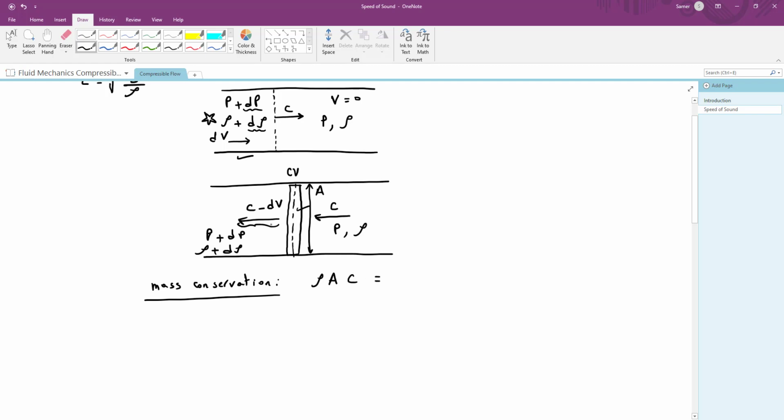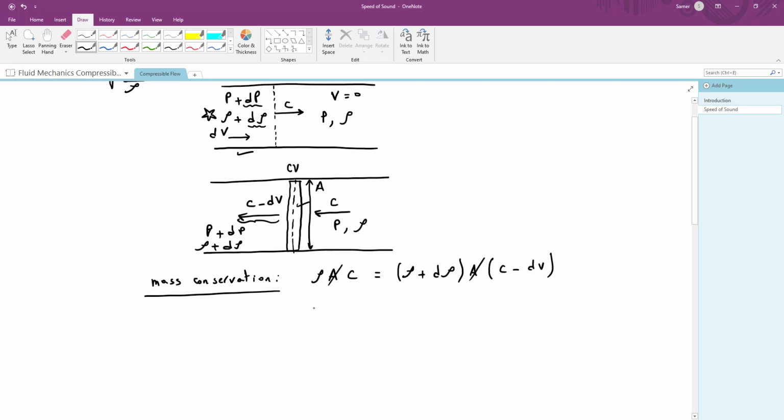This is equal to the mass flow rate flowing out, which is the new density, rho plus d rho, times the frontal area A, times the exit velocity, which is c minus dV. Now let's simplify the area from both sides.